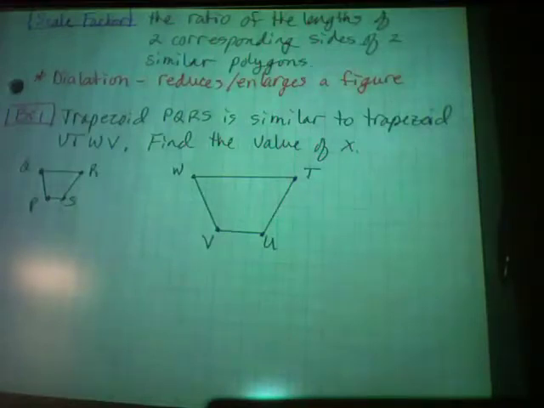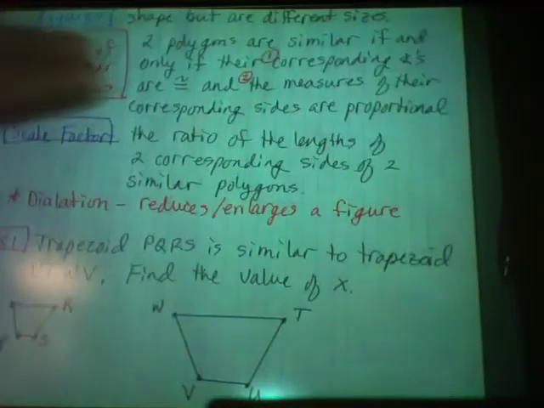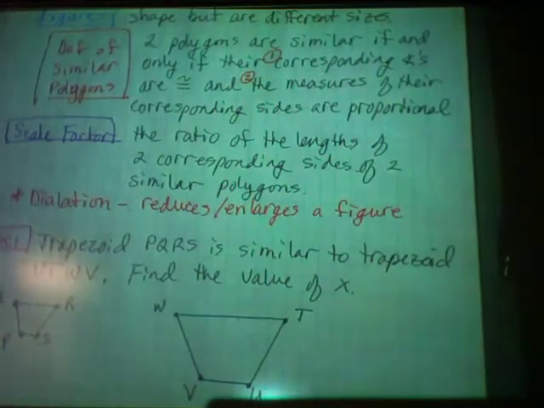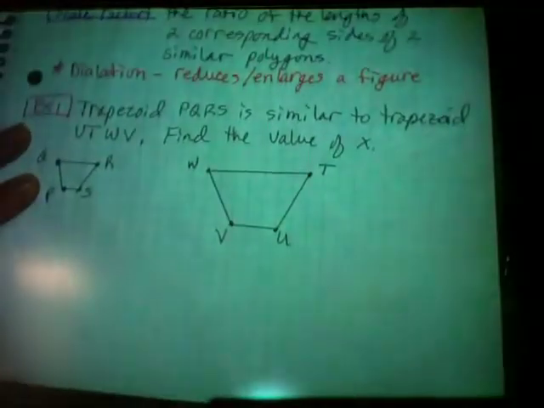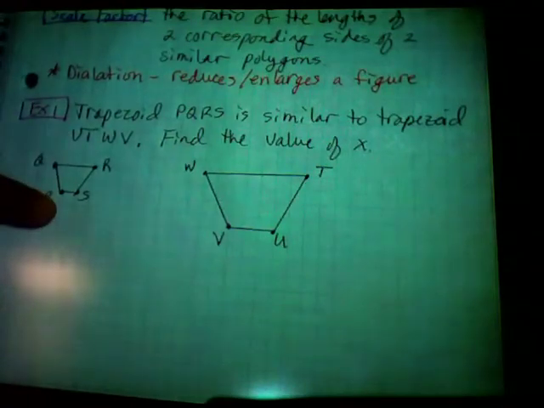The minute they've told you the two trapezoids are similar, the two things above apply. All of their corresponding angles are congruent and all of their corresponding sides are proportional. What's nice about trapezoids is they have a long base and a short base.